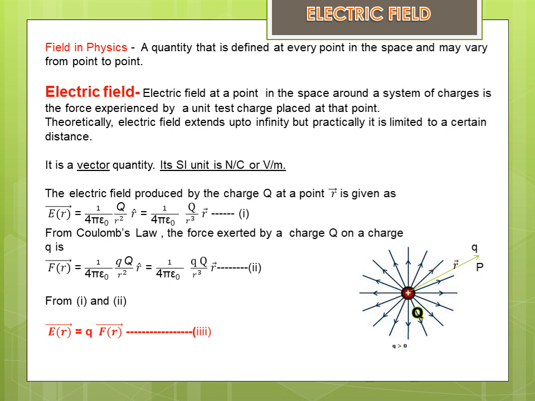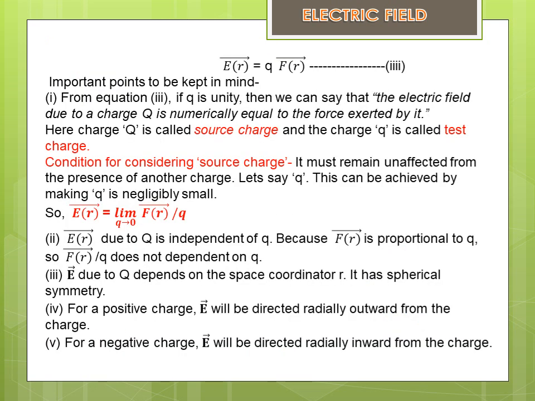Now from equation 1 and equation 2, we will find electric field is equal to 1 by q times the force experienced by that charge. So E equal to F by q.